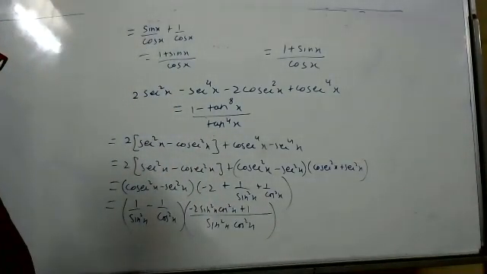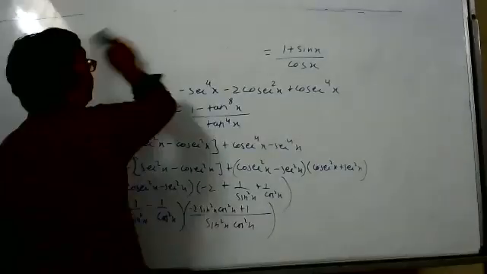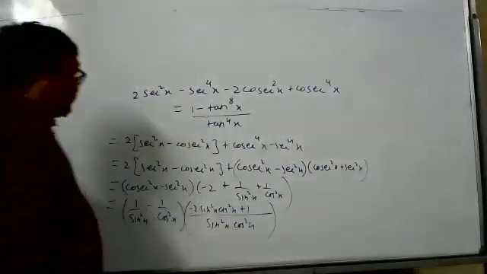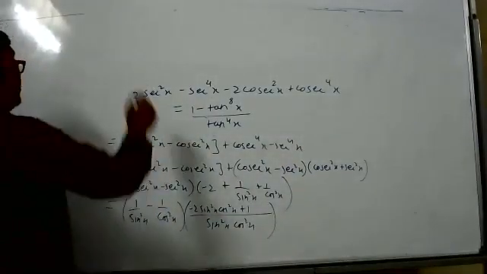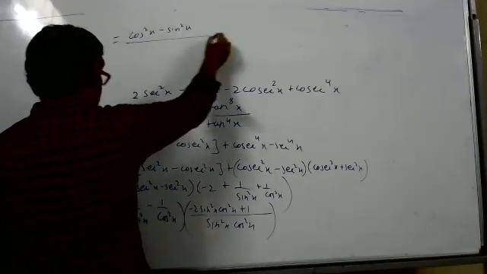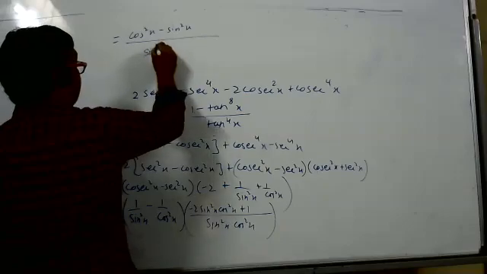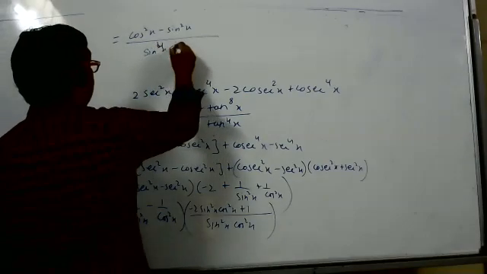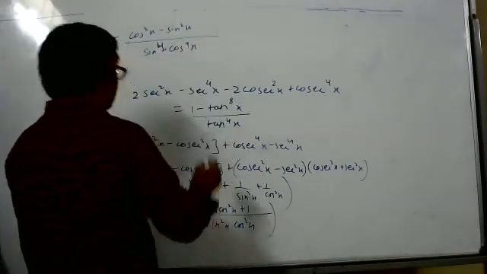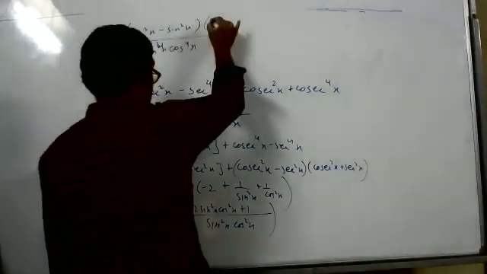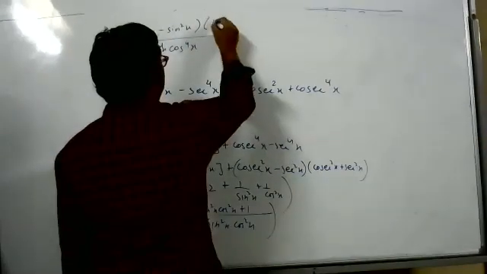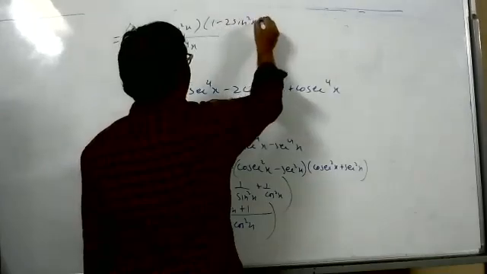But are we getting the answer? Not getting the answer. So now what we got? Cos square x minus sine square x by sine to the power 4x cos to the power 4x, and here 1 minus 2 sine square x cos square x.